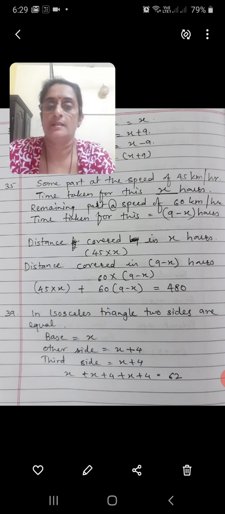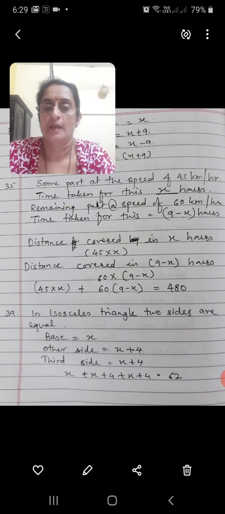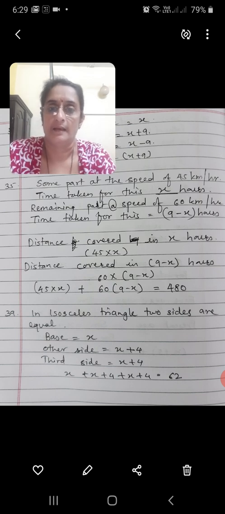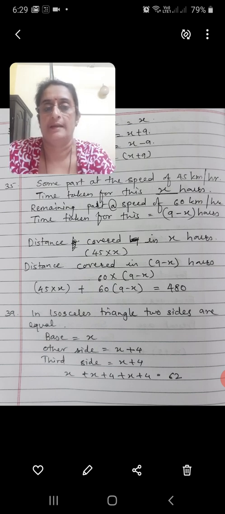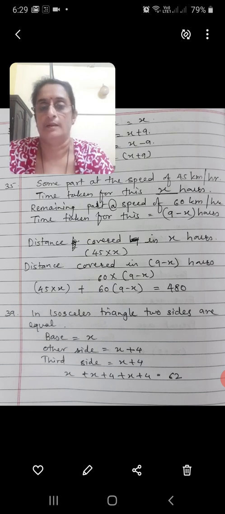So together it is 480 kilometers. So the equation will be 45 into x plus 60 in the bracket 9 minus x is equal to 480 kilometers. Solve the bracket, you will get x value, that is the time taken at the rate of 45 kilometers, and remaining will be at the speed of 60 kilometers per hour.